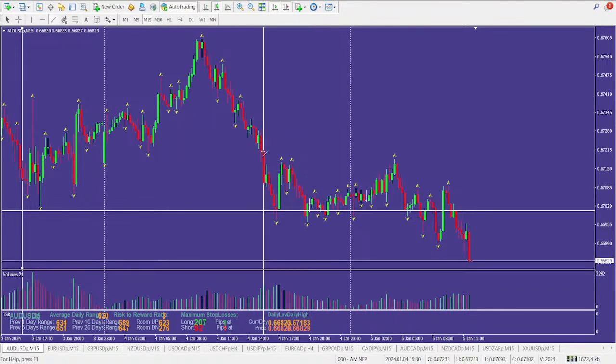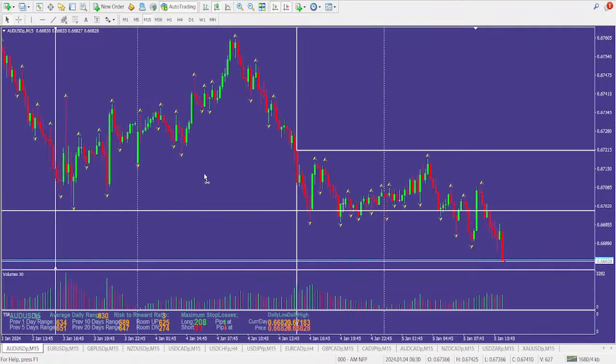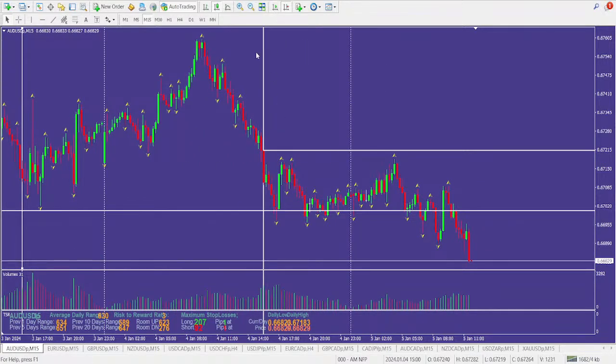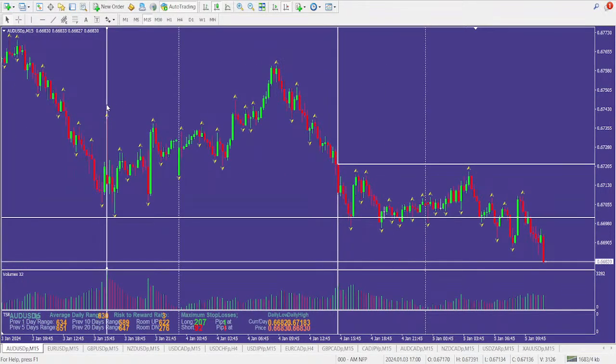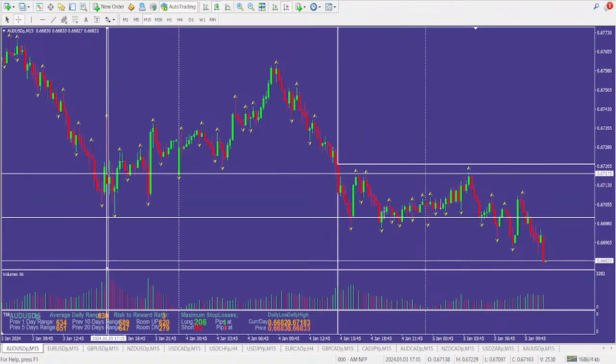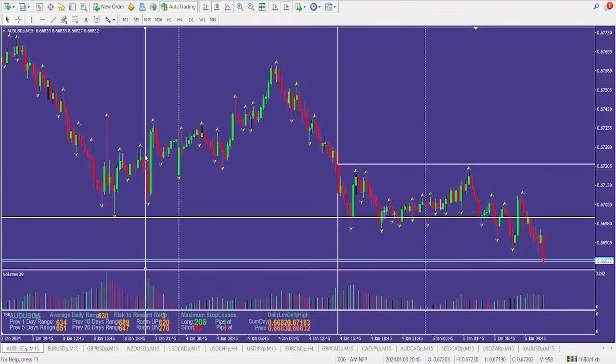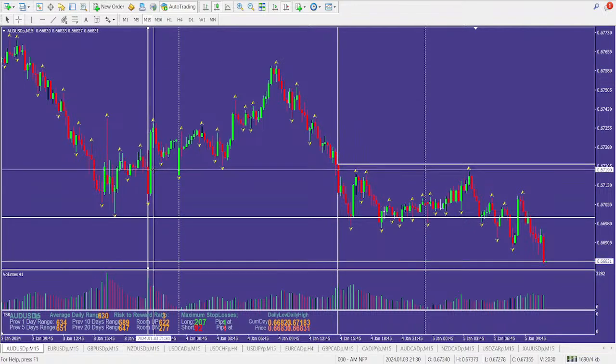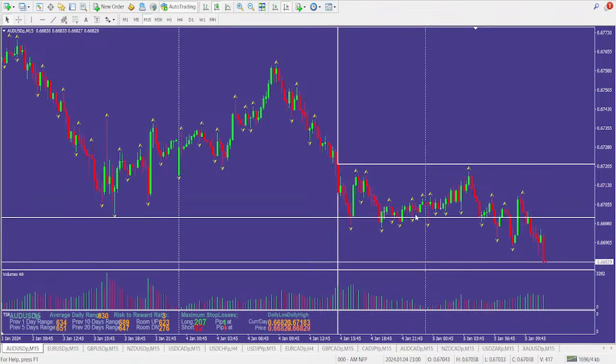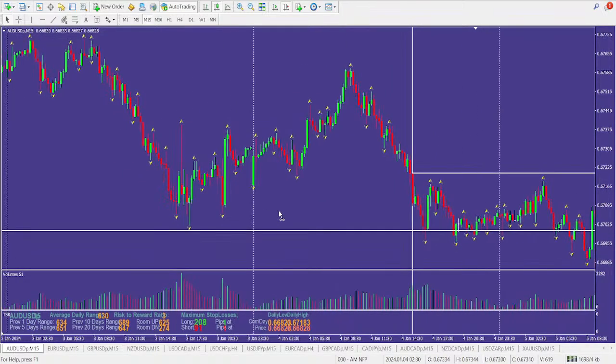Okay, first level of supply, January 4th, and then we did have another potential supply level over here, which is pretty much the same level over there. Another high volume spike over here, which is pretty much not applicable anymore. So that is our first level of supply.